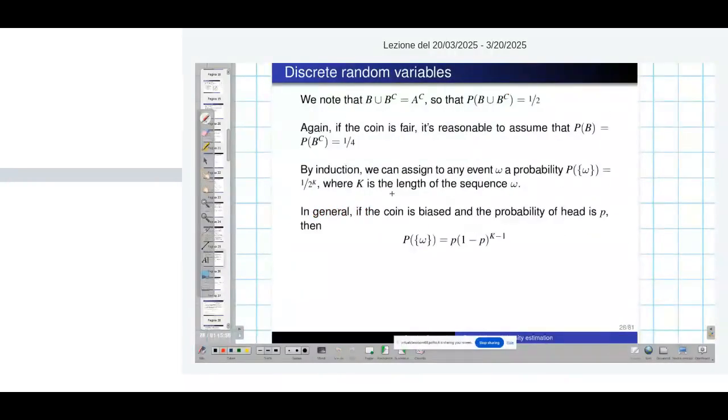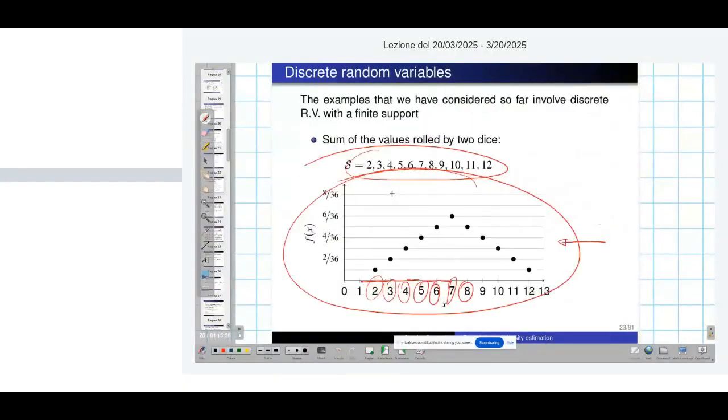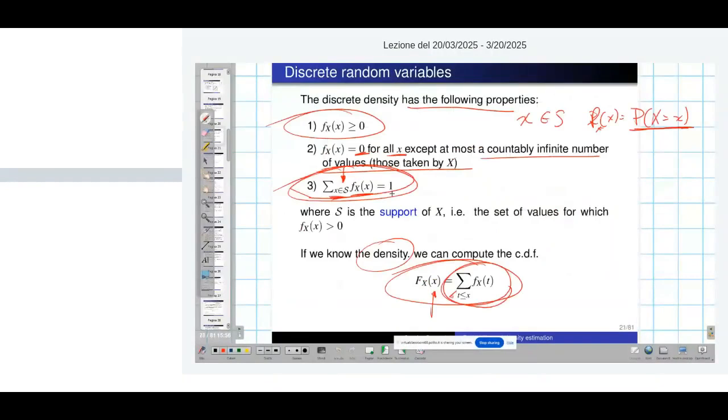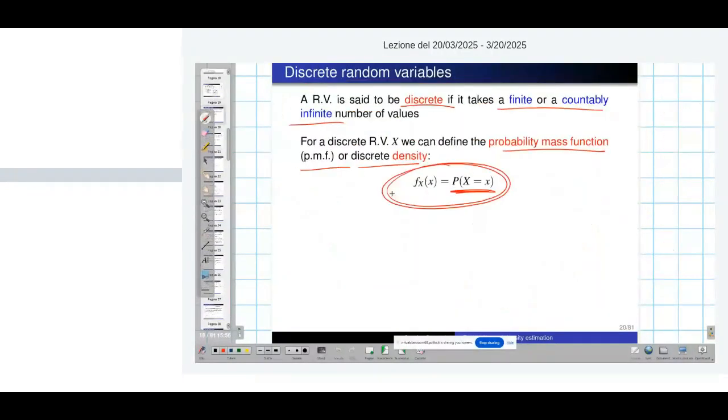We have seen that if it's discrete, then we can define the probability mass function, that is the probability that the random variable will take a specific value.